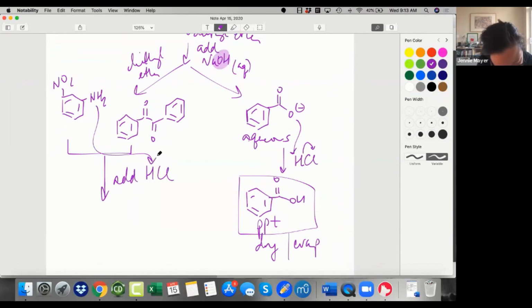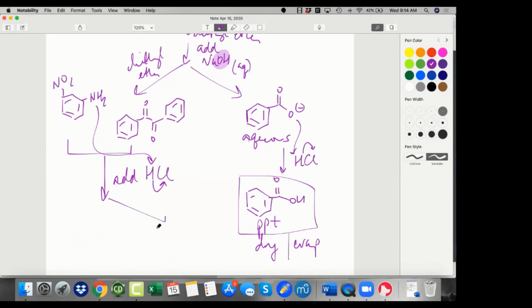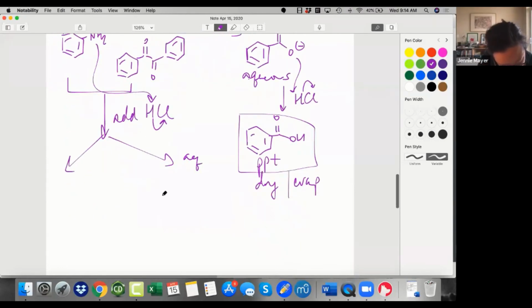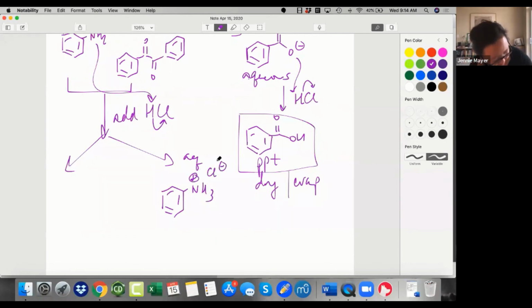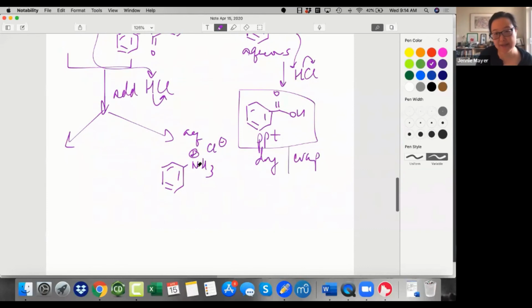This is going to grab my acid, and then that's going to get protonated and turn into the aqueous layer. Yes, very good. So this is going to be my aqueous layer, NH3+ now, and Cl- counter ion. And then again, same thing, I would dry this, or wait, no, I'm not done yet, right? This is going to stay in the aqueous layer.